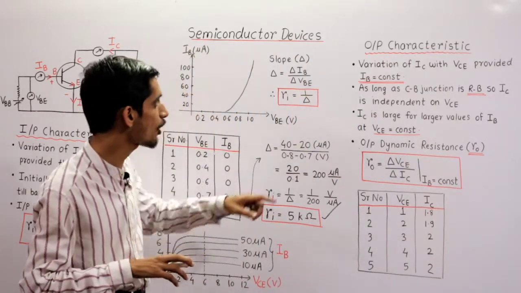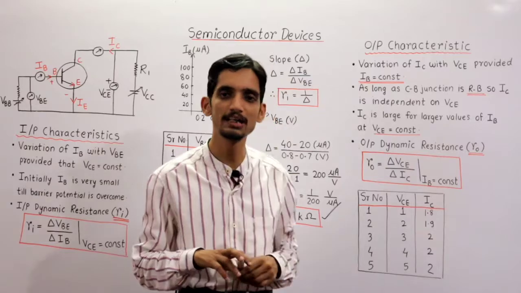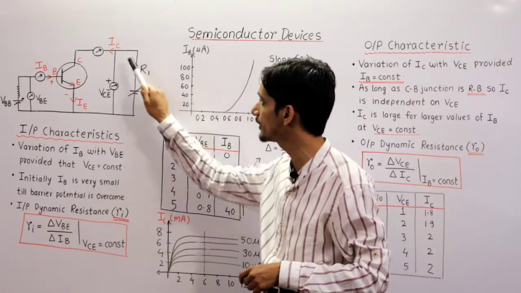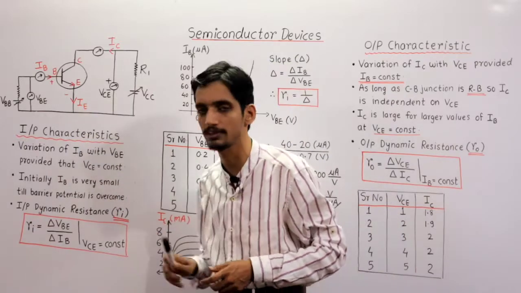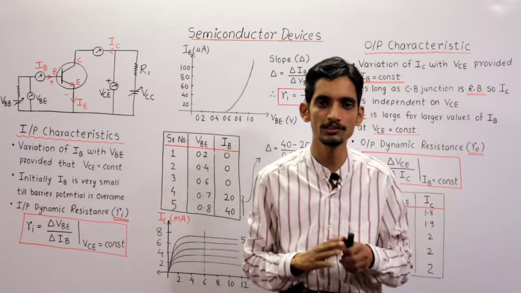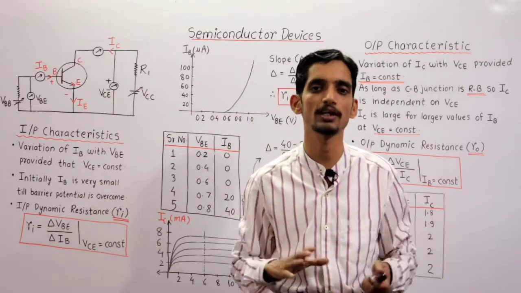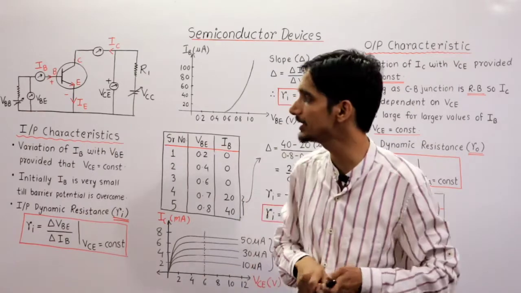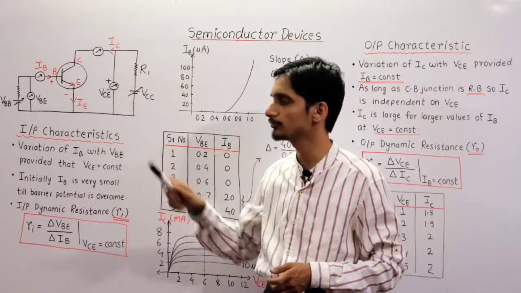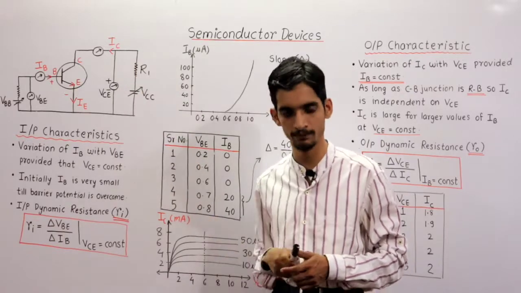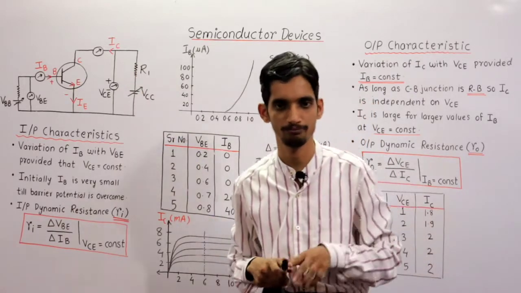As it suggests, output characteristics relate output current and output voltage at constant input current. It is a generalized definition of output characteristics, but specifically it is a CE configuration. So output current is IC, output voltage is VCE, and input current is IB.